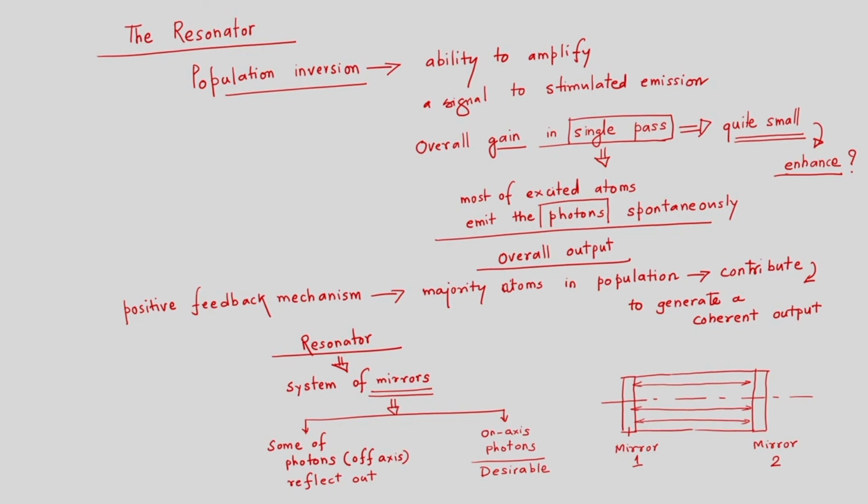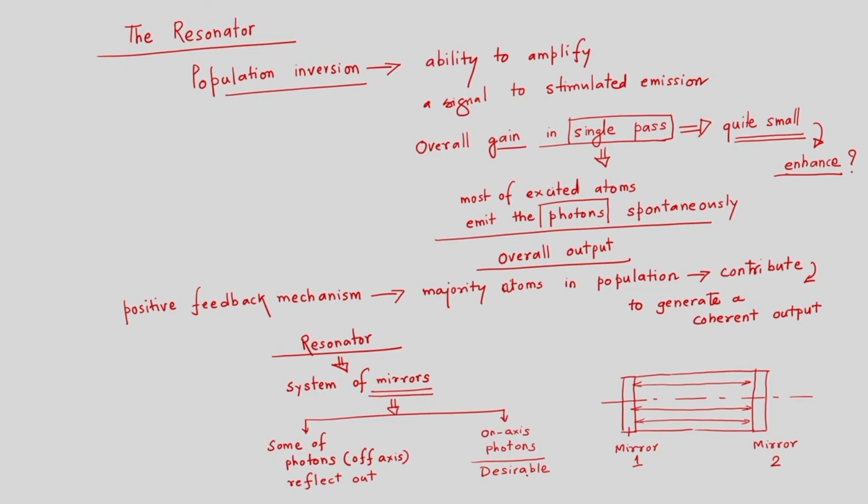So, it is the process of amplification. These on axis photons help to generate more, to have a better amplification of the laser beam.